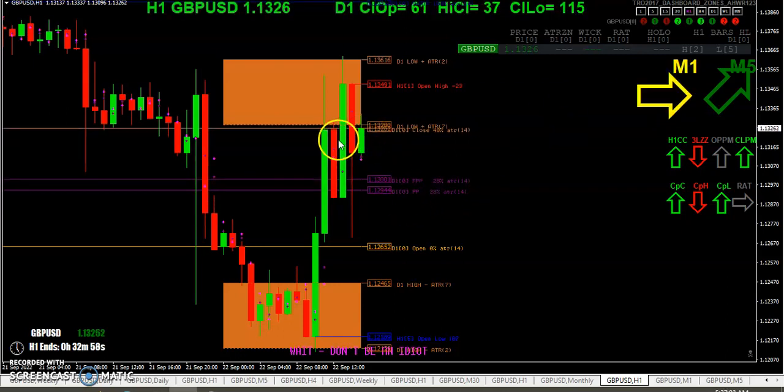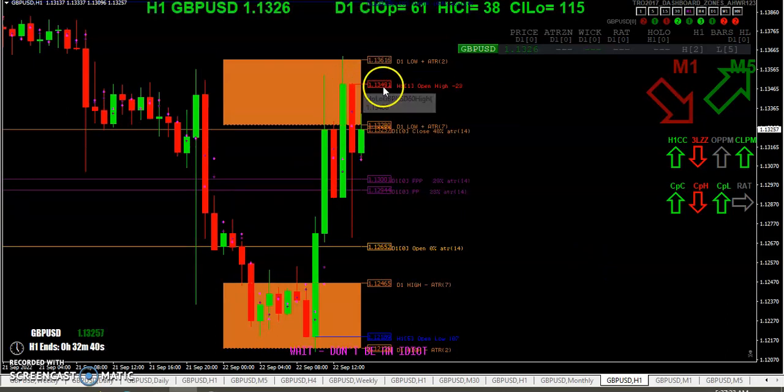Let's see, 1, 2, 3. Yes, that's it. So you can see 2 H1 bars ago, we put in the high of the day, and then 1, 2, 3, 4, 5, we put in the low of the day. So for a holo trade, that happened last hour, and you can see there was a nice move there.